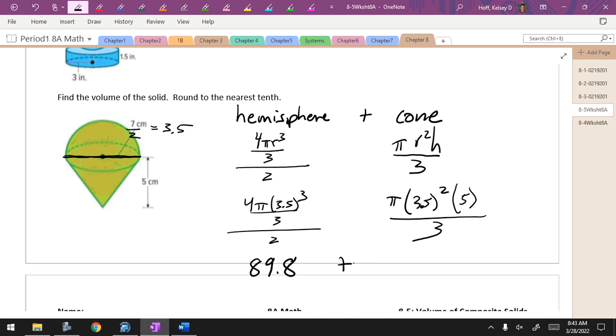What'd you get, Bryce? Anybody else get 64.2? No? 64.1? Yes? Okay. Add them together. 89.8 plus 64.1.